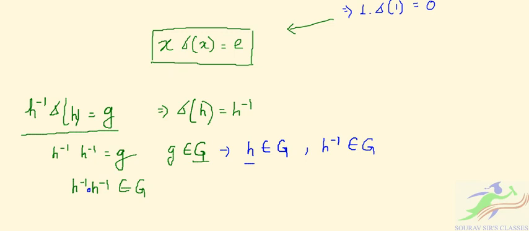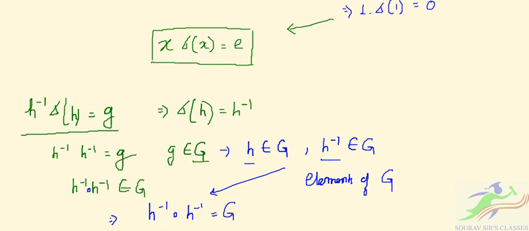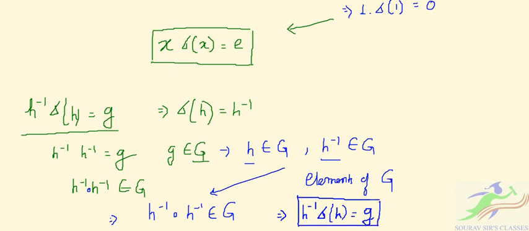So h and h inverse both are elements of G. And from here we can conclude that h inverse composite h inverse is equal to g, means it belongs to G. So we can conclude that h inverse sigma of h is equal to g, right? So in our case option A is also true.